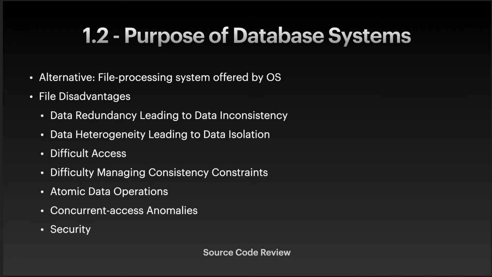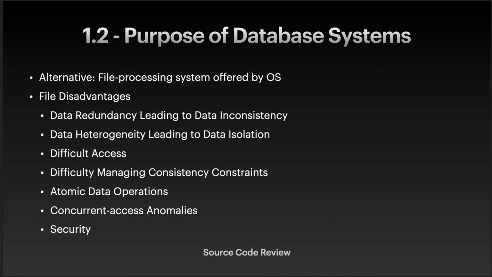Okay, and then finally, concurrent access anomalies. So this is kind of hard to happen with a file managing system on a PC, but let's say you're using a virtual machine or something, right? And two people basically had access to the files at once, and they're trying to update them.